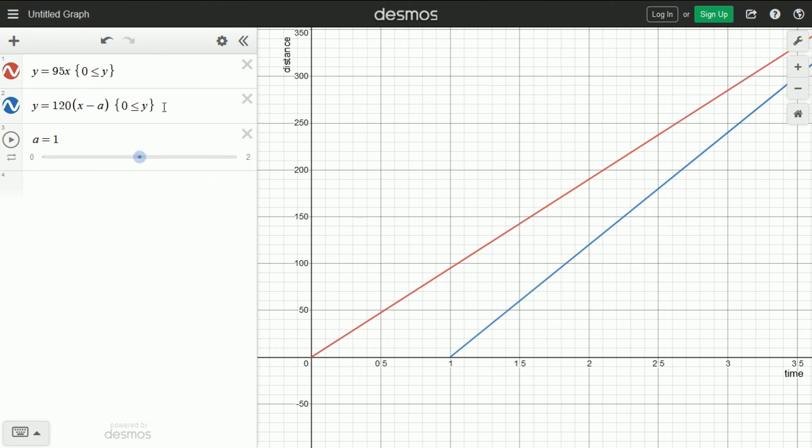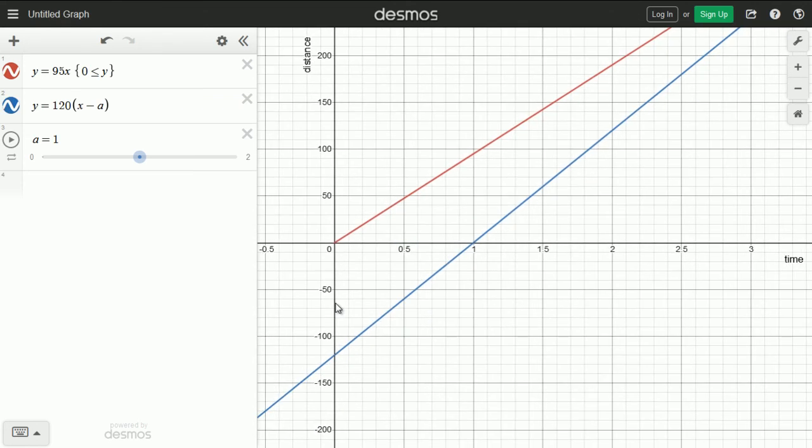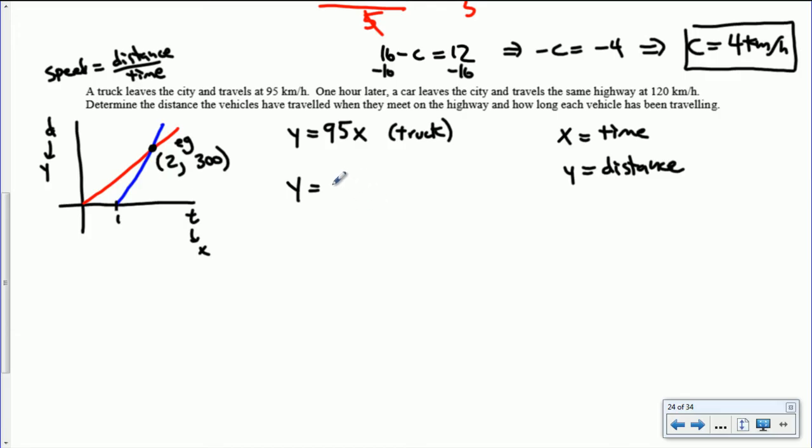All right, so if I remove this range restriction, you can see that it crosses at minus 120. So if you wanted to write this equation in slope y-intercept form, it would be 120 times x minus 120. Will be 120 times x minus 1. So that's for the car.